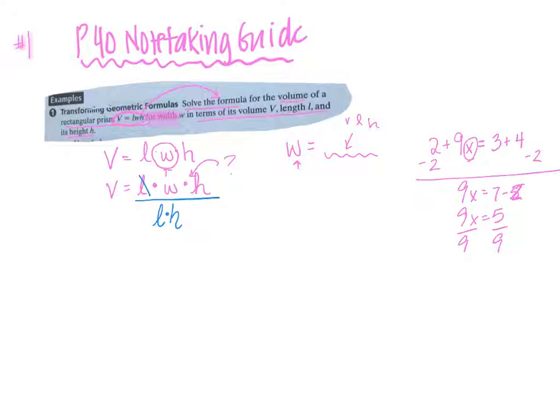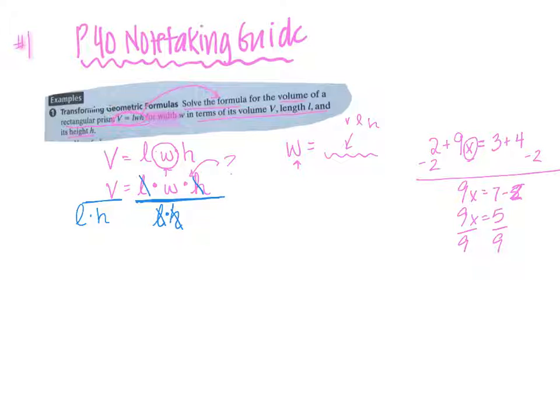All right, so we're going to try canceling out my L and canceling out my H, leaving just W. But that means that if I divide this side by L and H, I've got to divide this side by L times H. So what does that leave me?